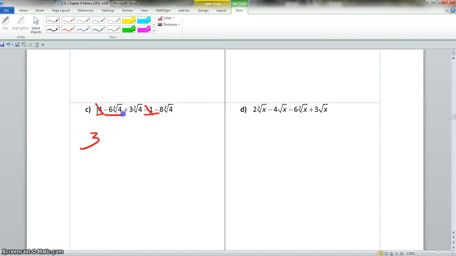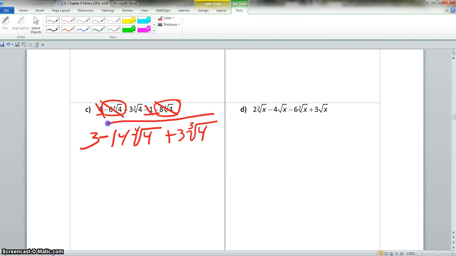So we have a negative 6, 4th root of 4. We have a negative 8, 4th root of 4, which would give us a negative 14, 4th root of 4. Now we know that this isn't a like term, so we would just carry this over. This is a positive 3 cube root of 4. And we're done.